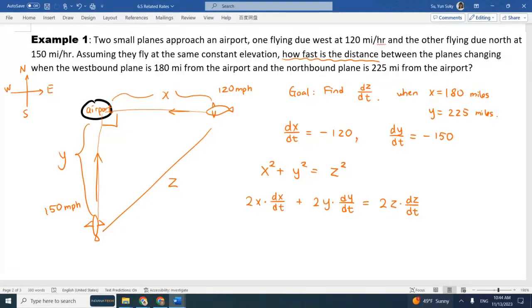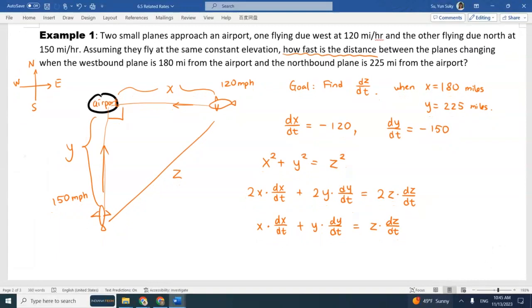So let's divide by 2, make it easier. So x times dx dt plus y times dy dt equals z times dz dt. Yes, everybody? So after you differentiate, now you can plug in numbers.